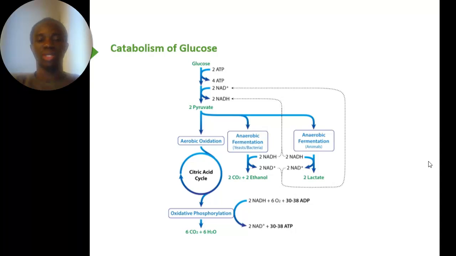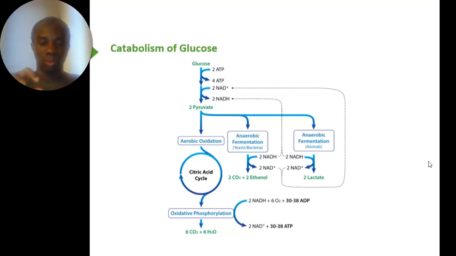So take note that the presence or absence of oxygen is a very important factor in the process of glucose catabolism. But the first stage has nothing to do with oxygen. All glucose undergoes the first stage to yield two pyruvate molecules.